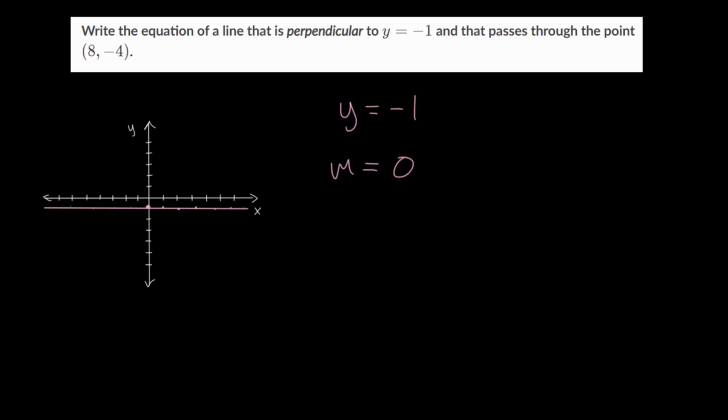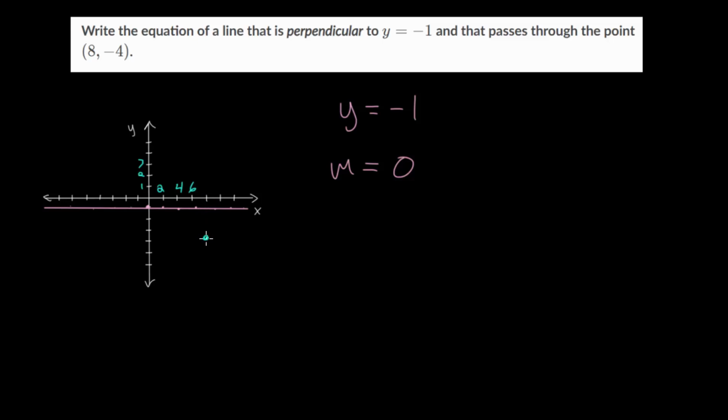So if we plot that point, 8, -4, we can get an idea of what our graph should look like. So let's use a scale of 2 here. So 2, 4, 6. So here is 8. And for the y values, we use a scale of 1. So 1, 2, 3, and so on. So we go to 8 and -4.